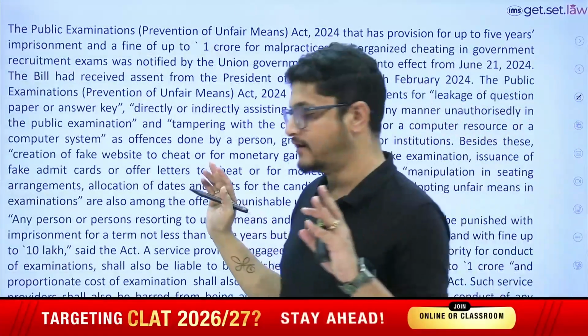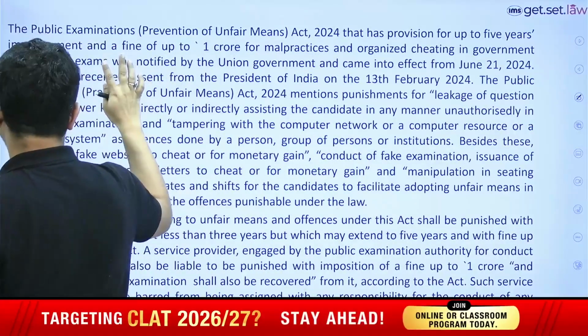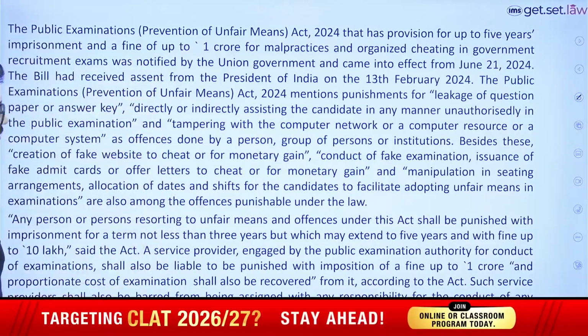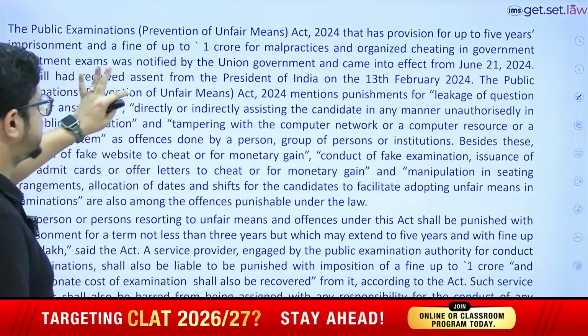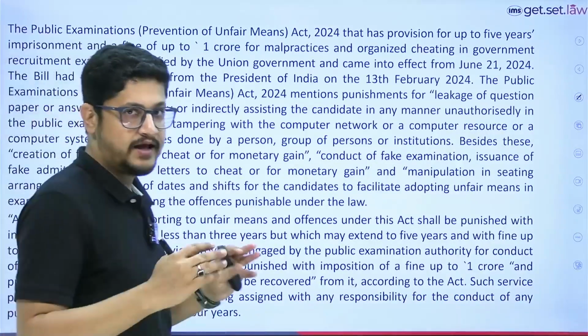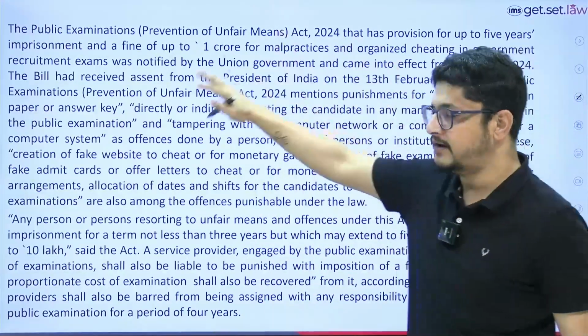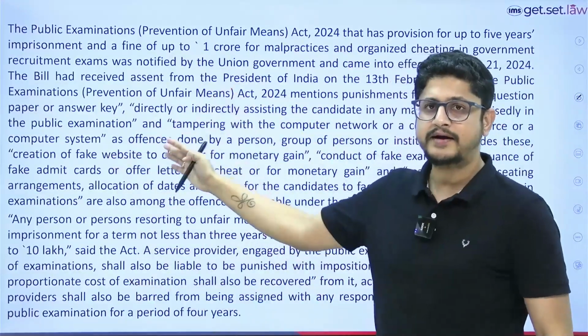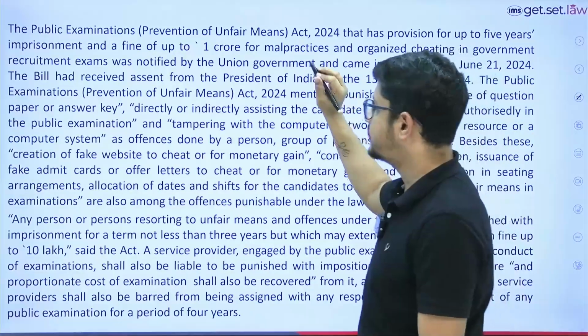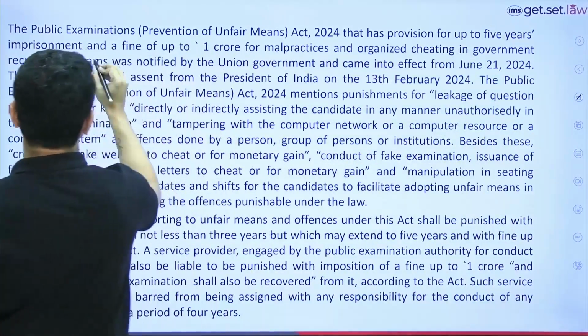Now this paragraph is in context with some examination, I think it was in context with the UPSC, some cheating mechanism, unfair means which has happened, and that's why this actually came into the picture. These rules were already framed and have been implemented, but this was very much needed, which happened in the year 2024. So let's understand.